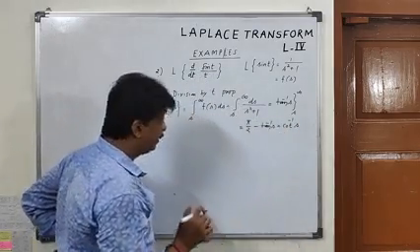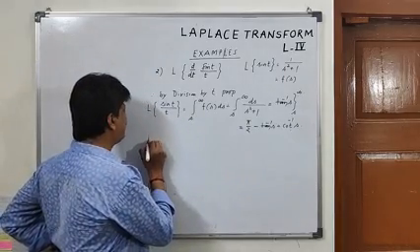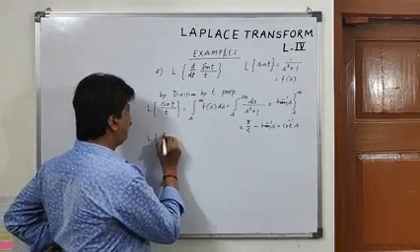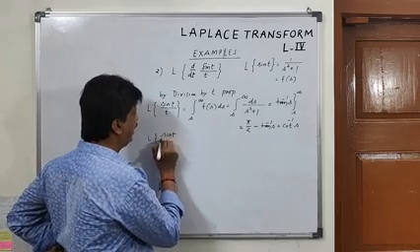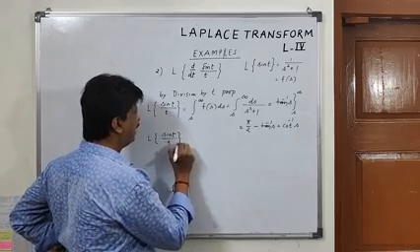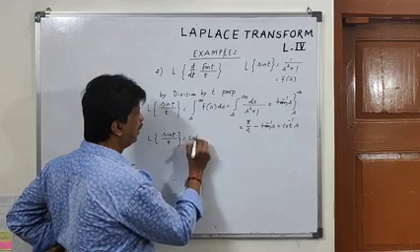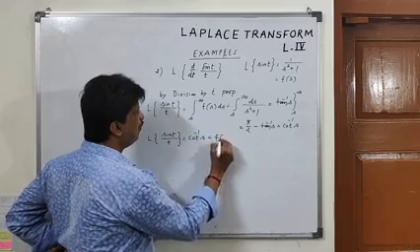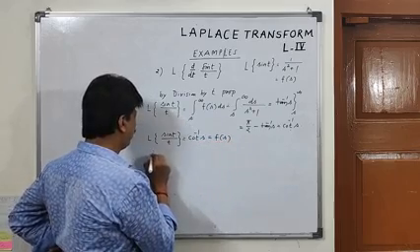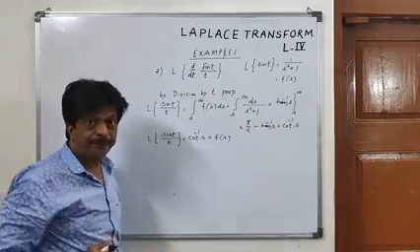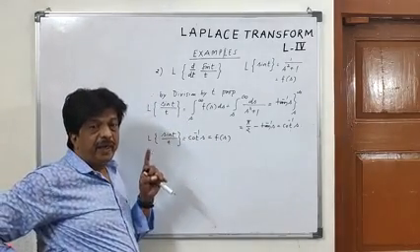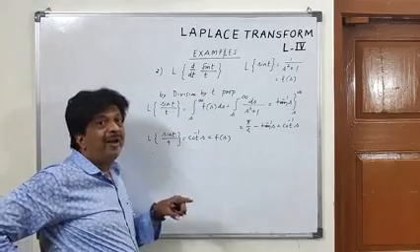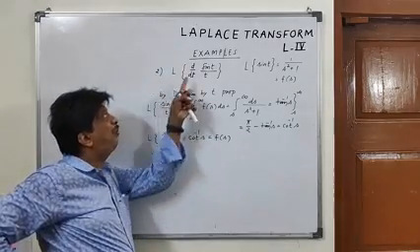So what we have seen is that the Laplace transform of sin t by t is equal to cot inverse of s. This is F of s. Therefore, now I am using the formula for the Laplace transform of the first derivative.